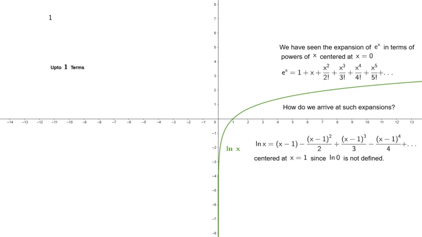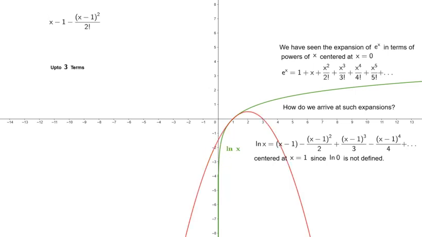Okay, so let's see how it looks. If we take the first term, then we get this straight line, since natural log of 1 is 0. Now let's take the first two terms.